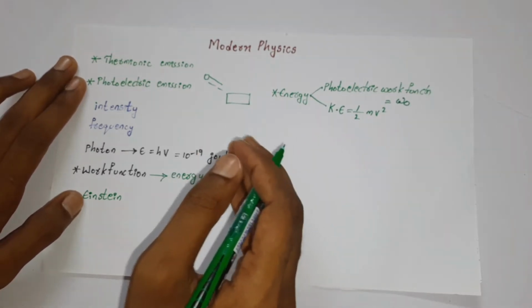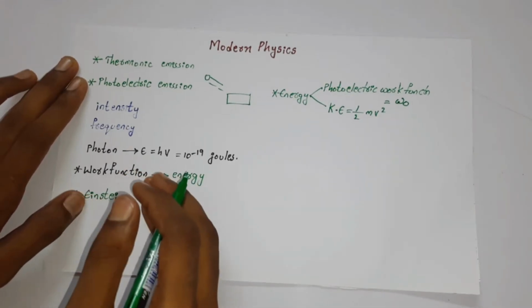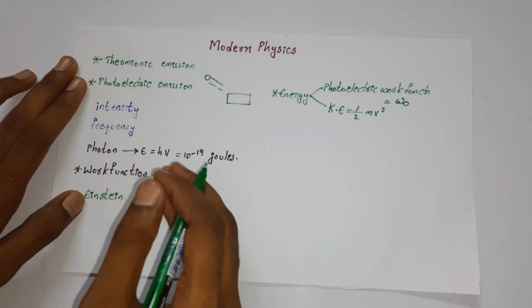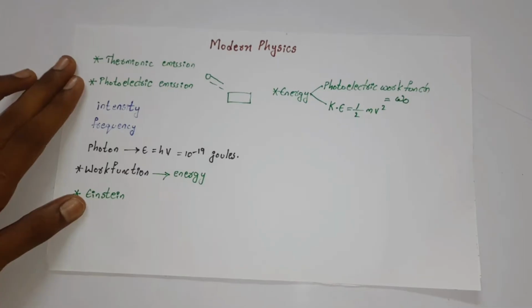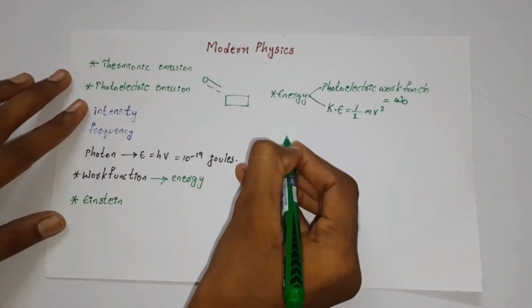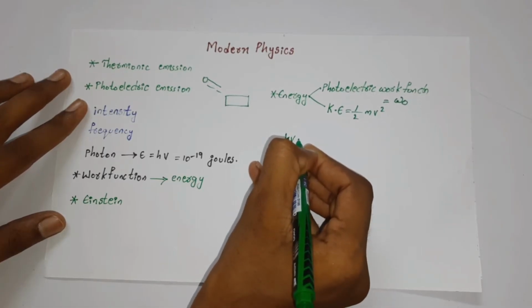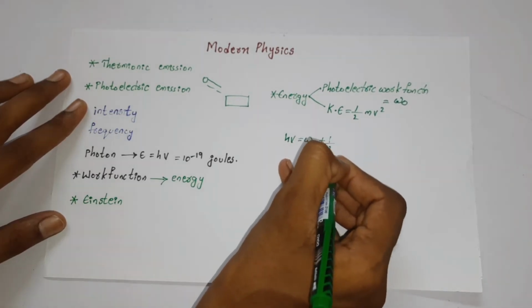So in this way the energy is used. As we have seen, the energy of a photon, hv, is about 10 to the power of minus 19 joules, and in the same way, the energy will be given as hv equals W naught plus half mv square.